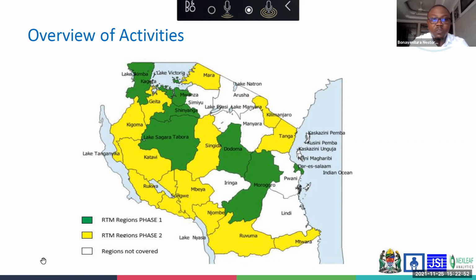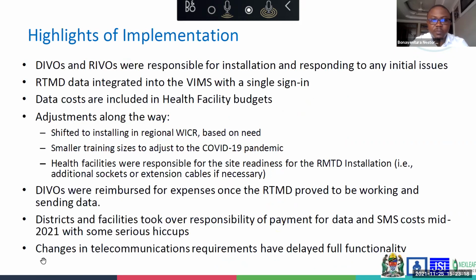But also in the second phase of installation, we had almost 13 regions, making a total of almost 20 regions. We still have a few regions remaining in the mainland, but also in Zanzibar, where plans are underway to procure and install RTMDs at health facilities and the district and regional stores as well. Next slide, please.